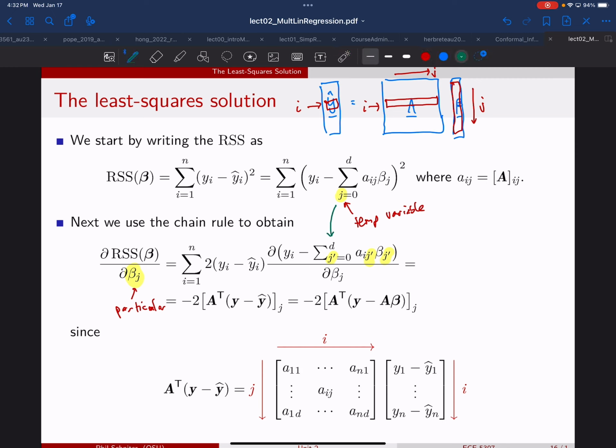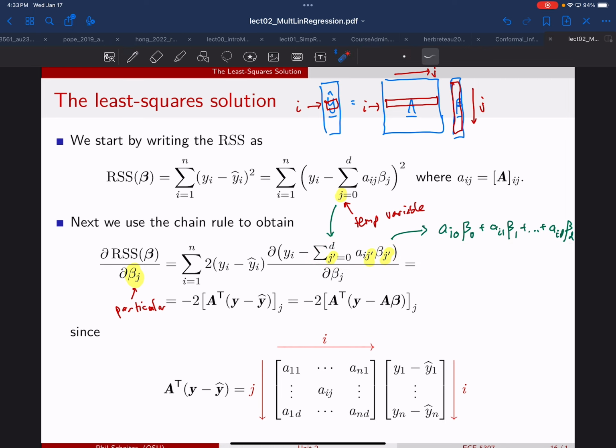So the thing to remember here is that this is just shorthand notation for the sum of all these different terms. So for example, it's like a_i0 beta 0 plus a_i1 beta 1 plus dot dot dot, all the way to a_id beta d. Okay, so this is just shorthand notation for this thing. So now I'm looking at a particular beta j.